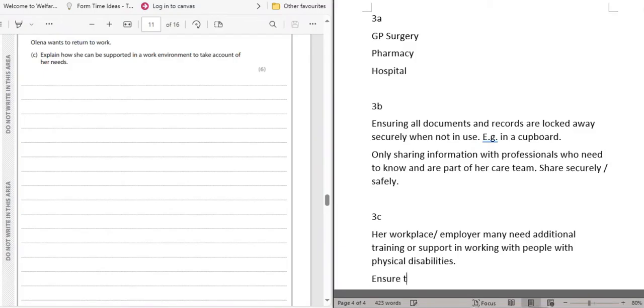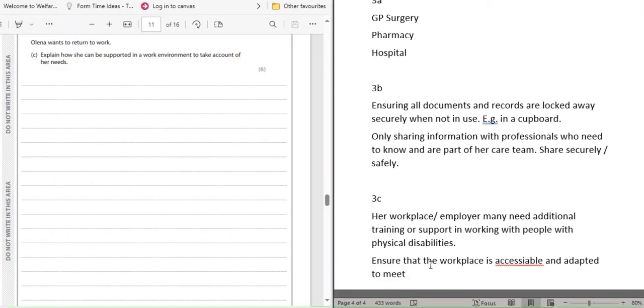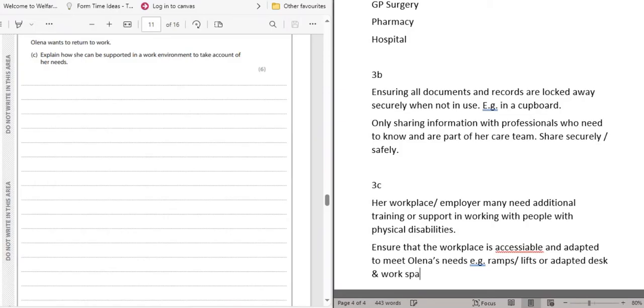We can ensure that the workplace is accessible and adapted to meet Alina's needs, e.g. ramps, lifts, or adapted desk and workspace.